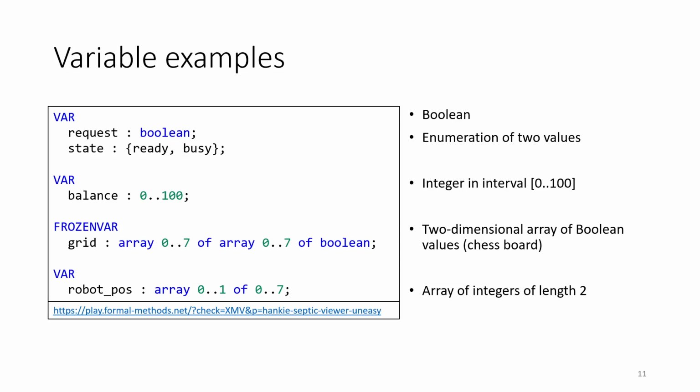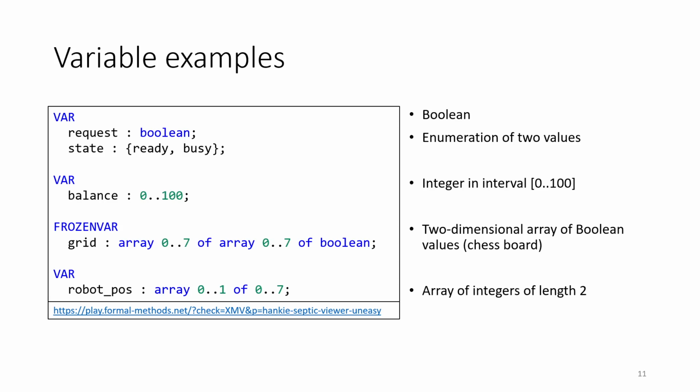Then integers, they must be, again, bounded. So we could say we want integers in the range from 0 to 100. Then arrays here, they have a bit of verbose way to define them. So we say it's an array going from 0 to 7. So the first dimension basically can address from 0 to 7.